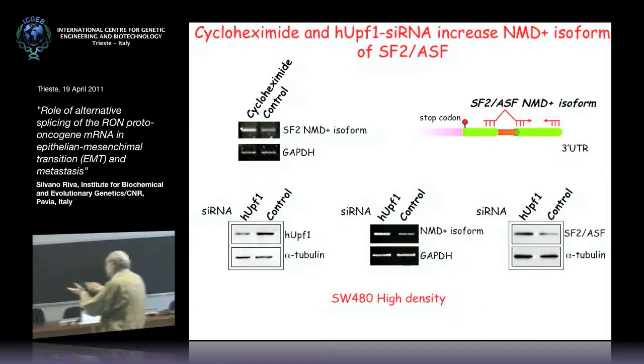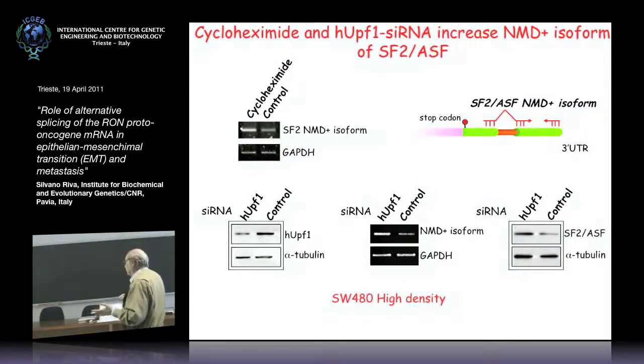But I don't have time to explain all these experiments, but the essence is that, yes, SF2 is regulated in this way through the homeostasis between two forms, the one that contains the intron and is full length and is translated and becomes protein, and the one in which the intron is spliced that is degraded through this pathway of degradation that you will hear a lot about tomorrow by Lynn McWatt.